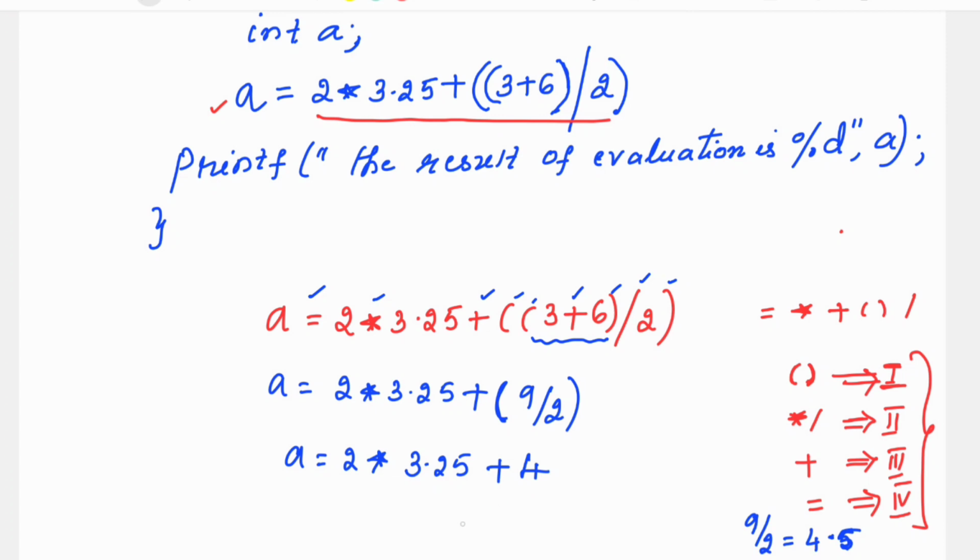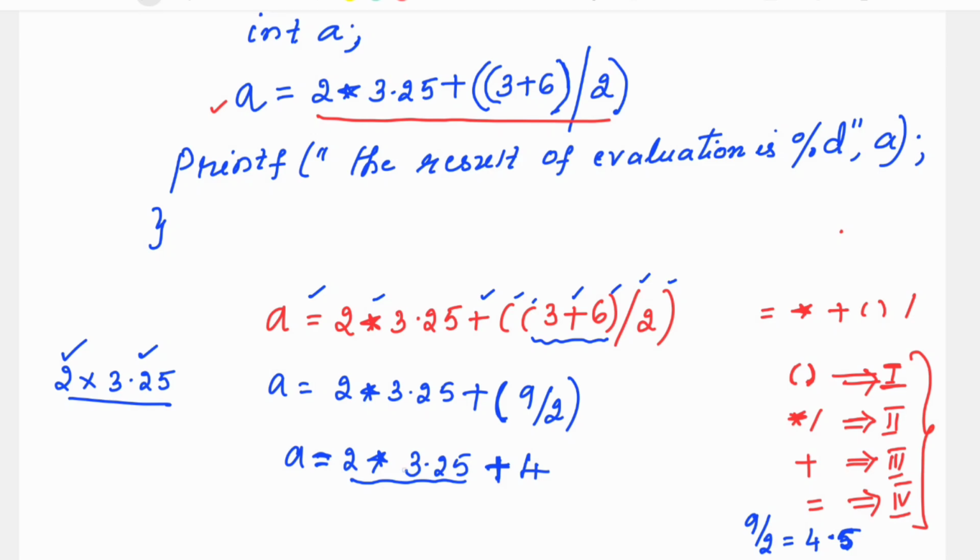Now further the expression gets evaluated. You can see here assignment, multiplication and addition. The multiplication operator has the highest precedence over the assignment and addition operator. So this will get evaluated now. In this evaluation, 2 into 3.25. You see here one operand is integer, the other one is floating point.